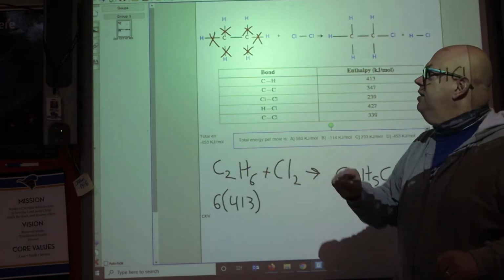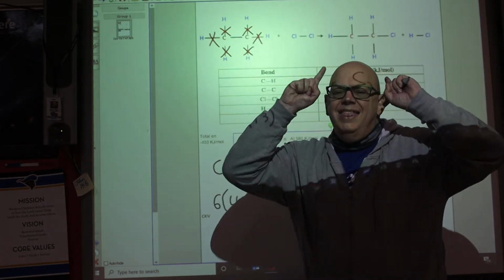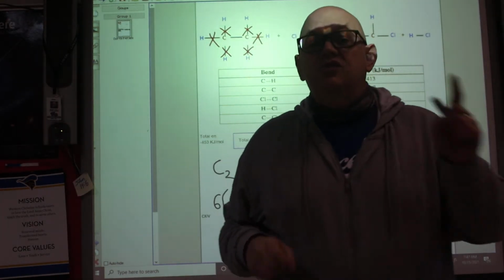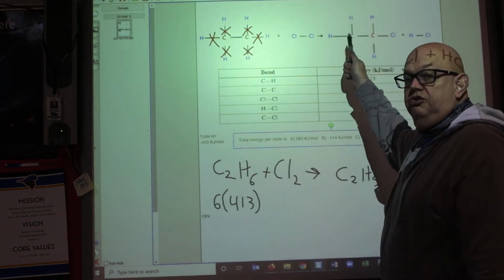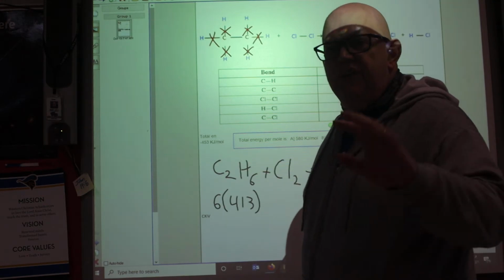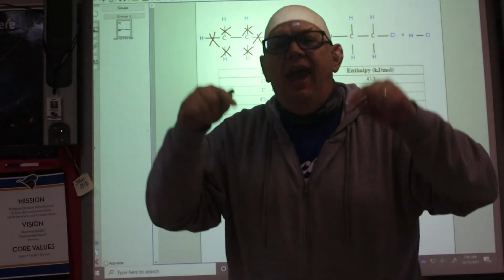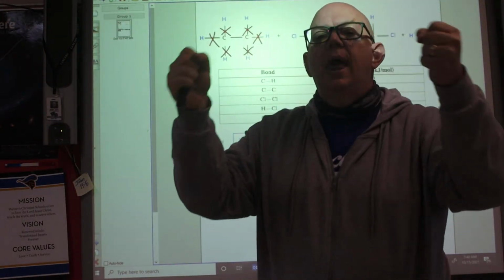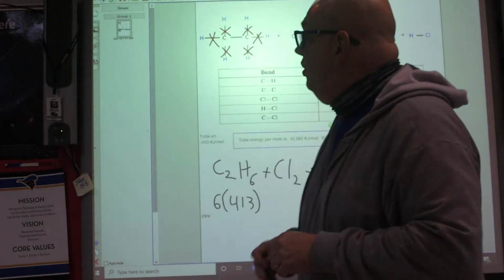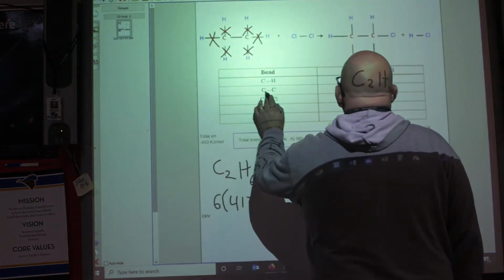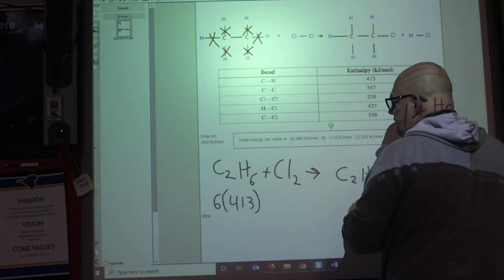Now, here's the thing, and this is where I went wrong. Even though the carbons on the product side look as if they didn't move, we counted that those carbons break as well. So we have a carbon-carbon breakup, which is 347.